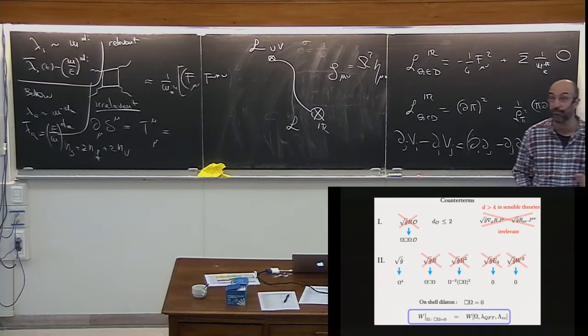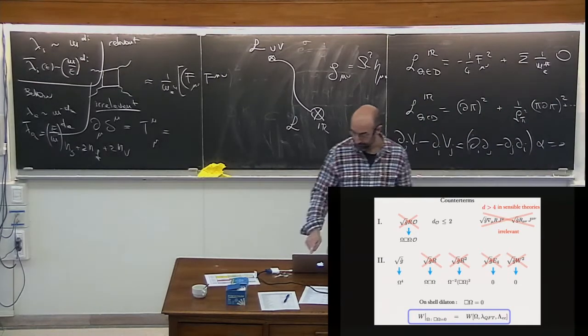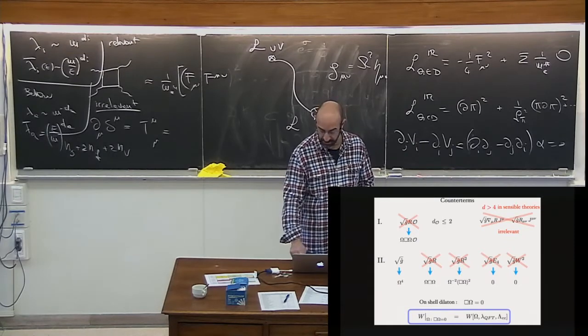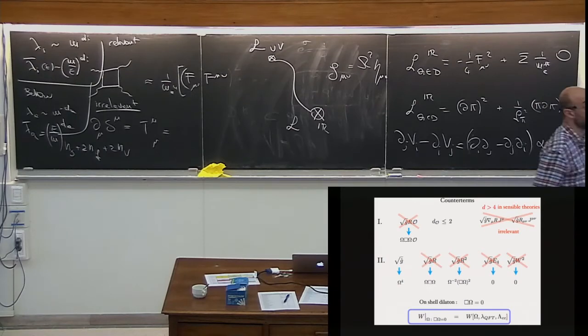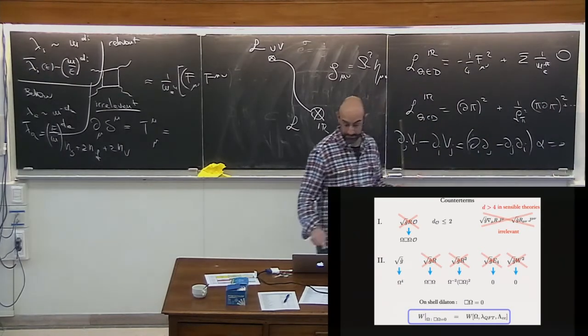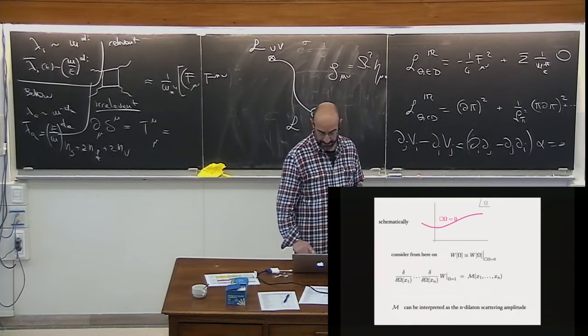There are no more parameters that you need to add. There's no additional renormalization you need to perform. On the other hand, if you were off shell, you would need to have the parameter associated with this, for instance, to this counter term. So this is what it means, okay?